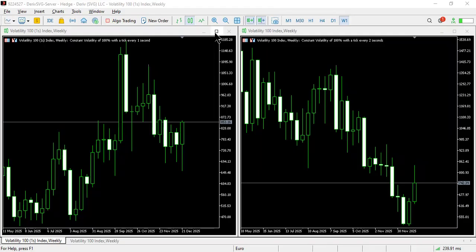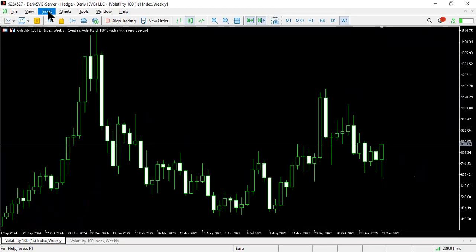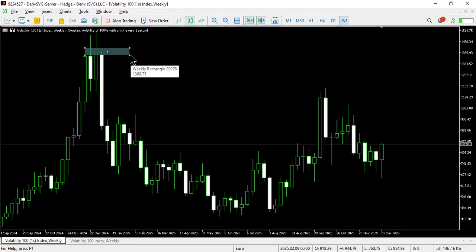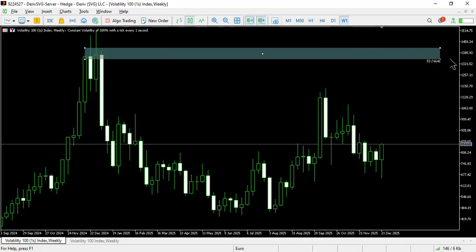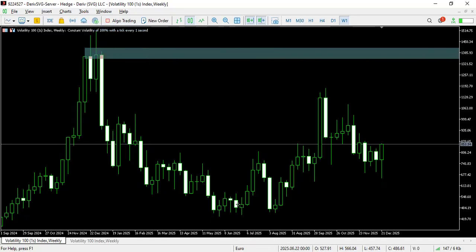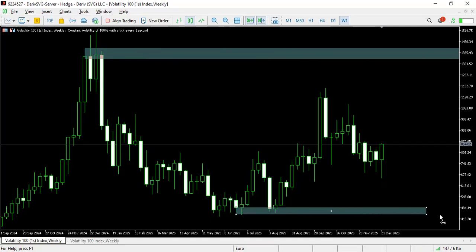So we begin from the weekly time frame, where we mark our supply and demand zones. We have a supply zone there, and then down here we have our demand zone.